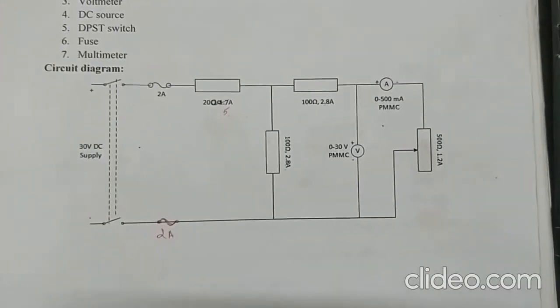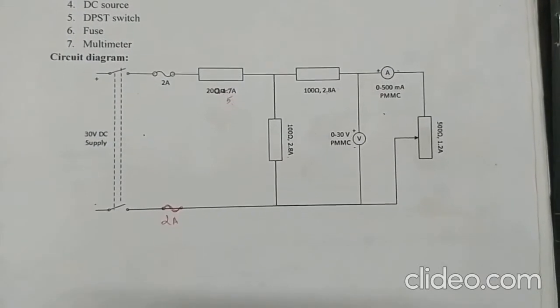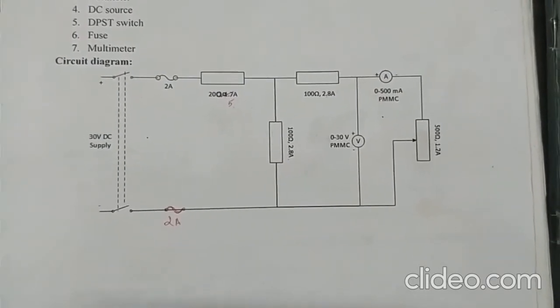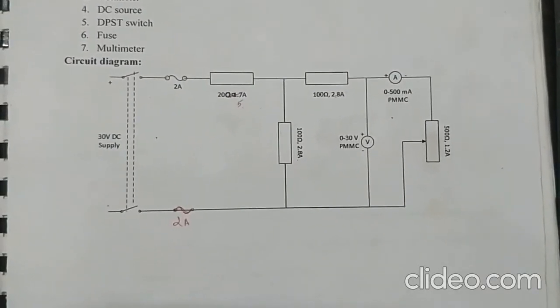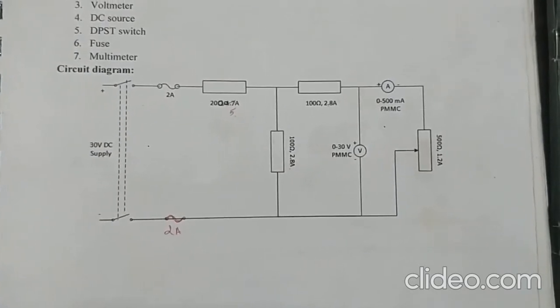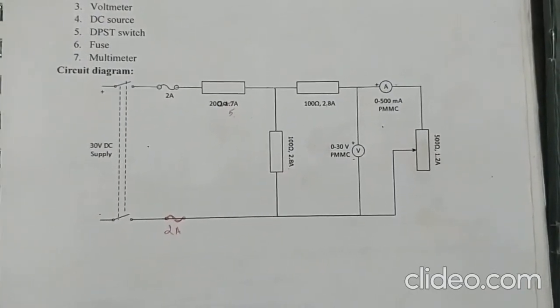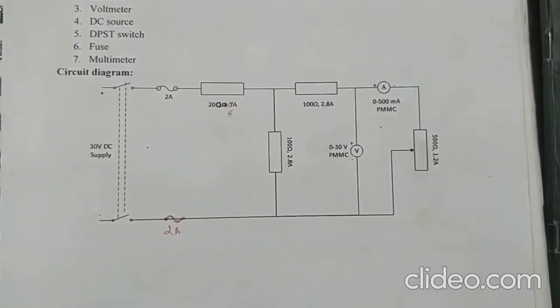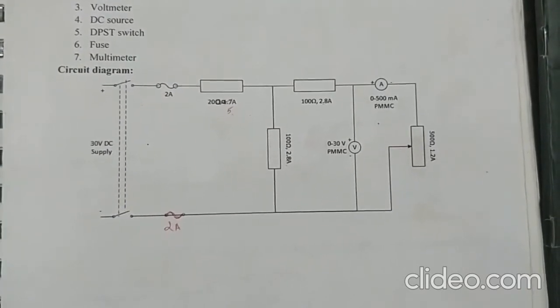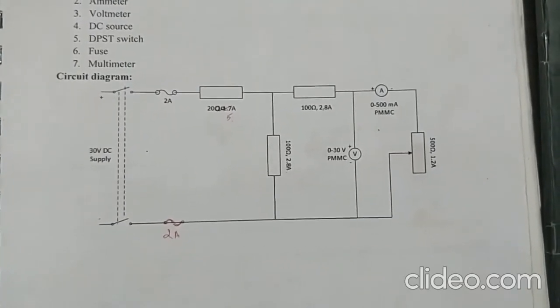So we have found RTH by finding the open circuit voltage and the short circuit current, that is, the open circuit voltage divided by the short circuit current, and we have also found RTH theoretically.